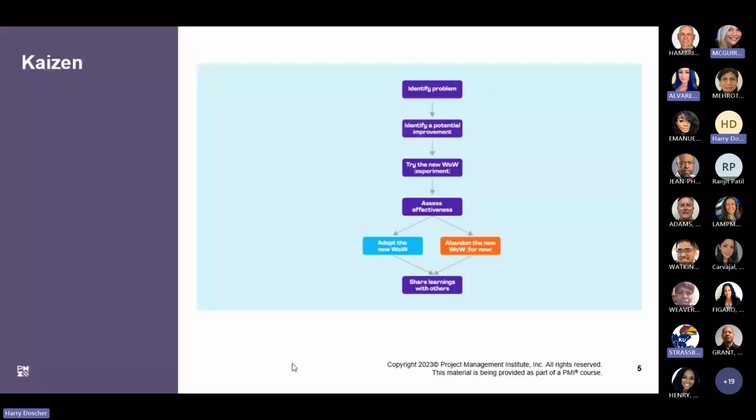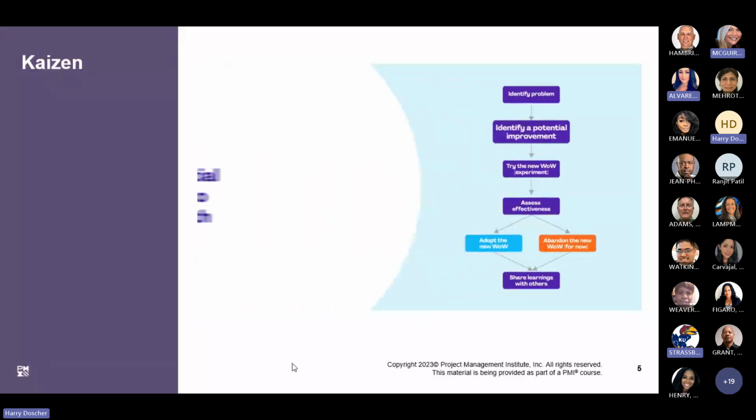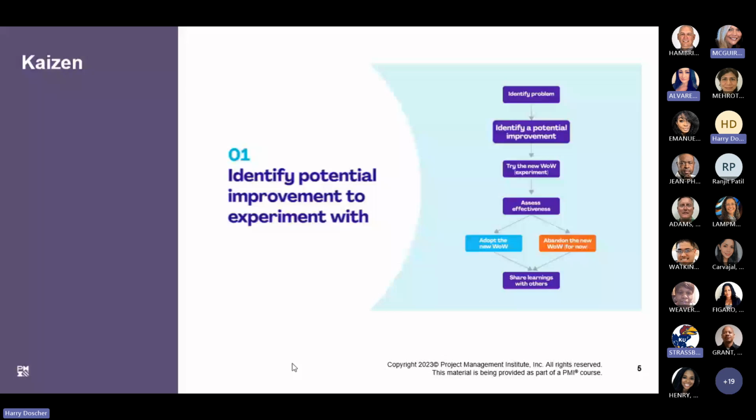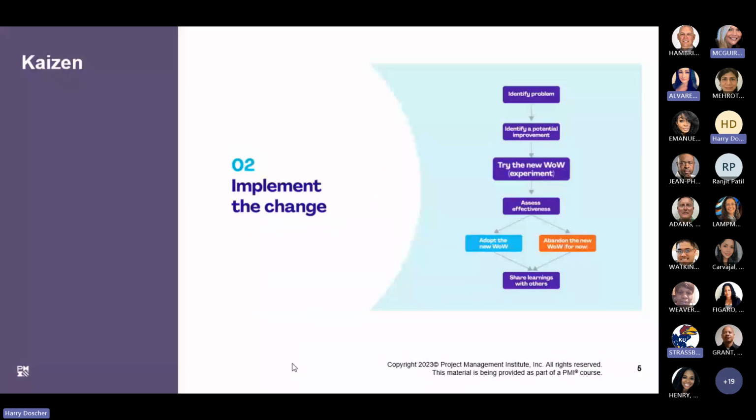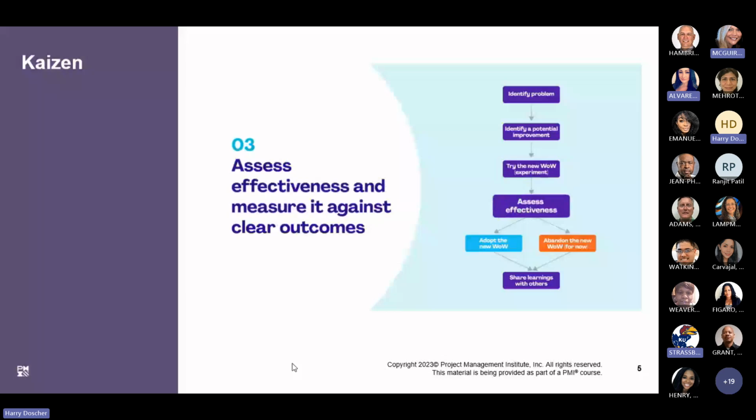Here's how it works. First, an organization identifies a potential improvement, such as a new practice or strategy that they want to experiment with to see how well it works in their situation. Then they try it out. They implement the change. After a brief period, they'll assess whether the change has been effective. They'll measure it against clear outcomes.